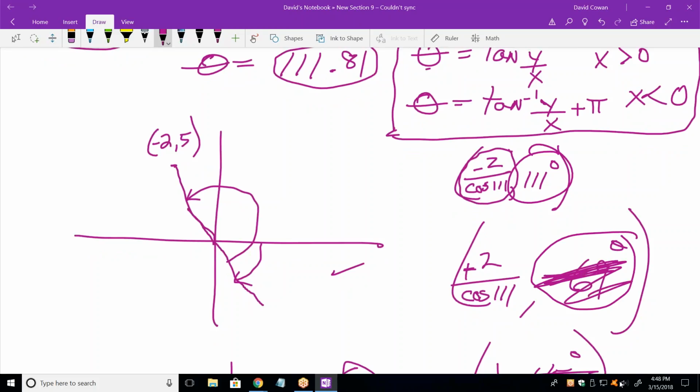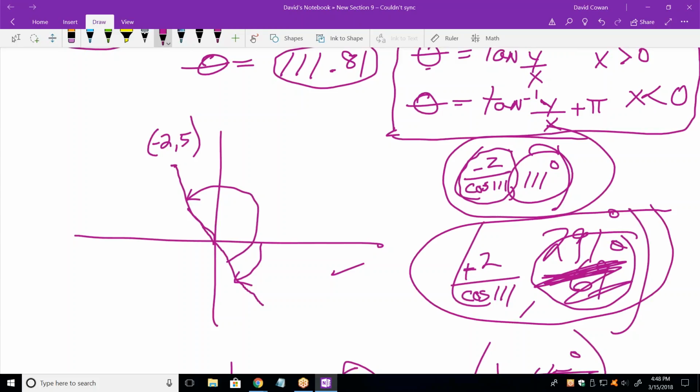You could write it as 291, which actually you would need to do to be within 0 to 2 pi. -69 degrees was not in that domain. But 291 is. So that answer is one polar coordinate, and that answer is another polar coordinate. All I did was take 180 degrees difference and use a negative r. Whatever r was in the first case, I'm using a negative r in the second case. Okay.